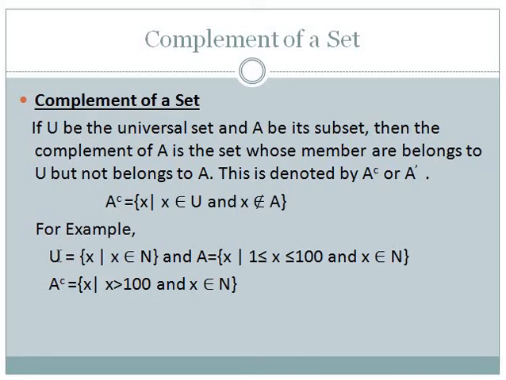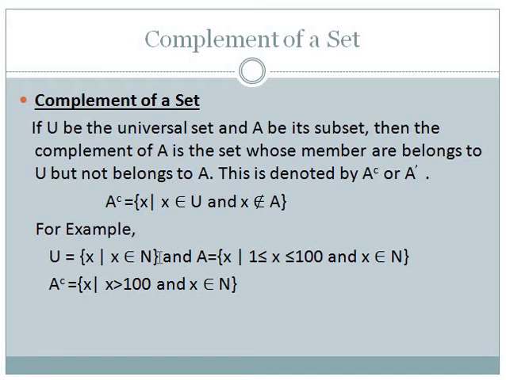If U is the set of all natural numbers, that is, all x such that x belongs to N, and A is the set of all x from 1 to 100, where x belongs to N, then A is a subset of U, the natural number set.